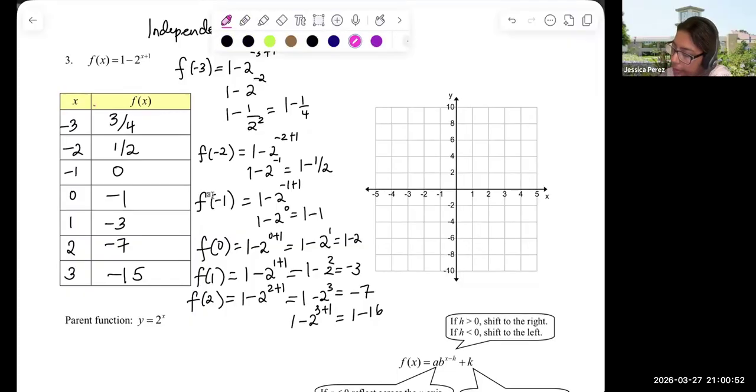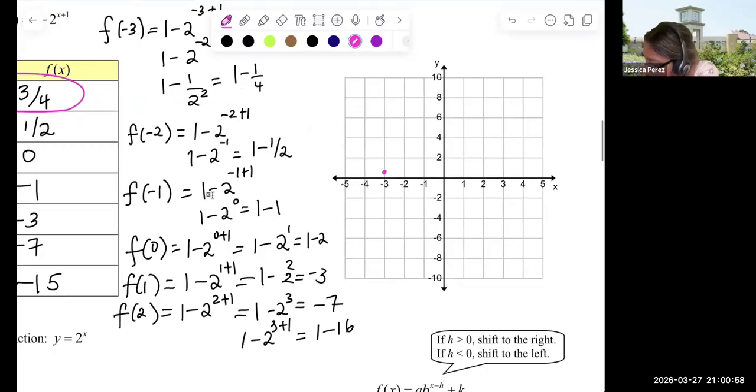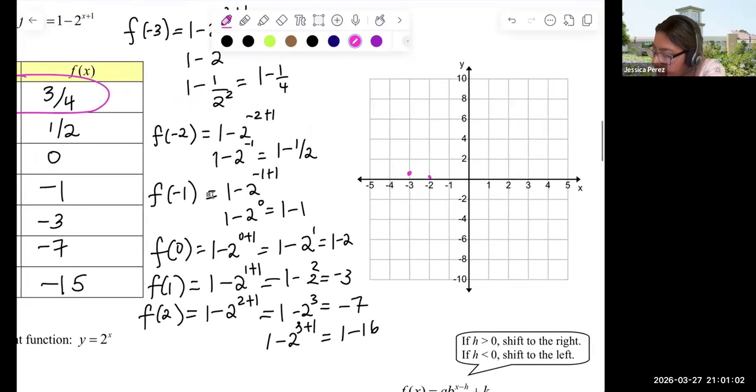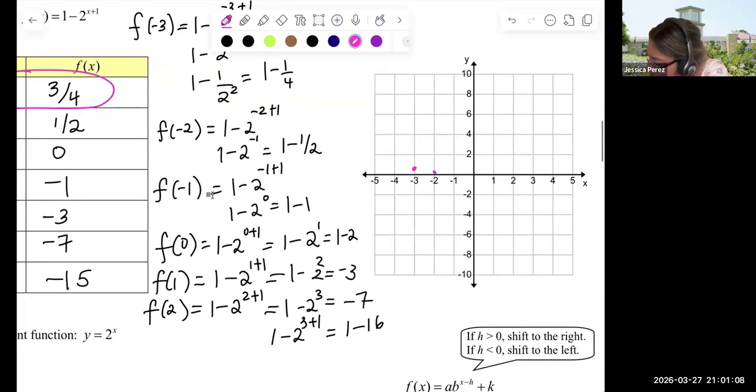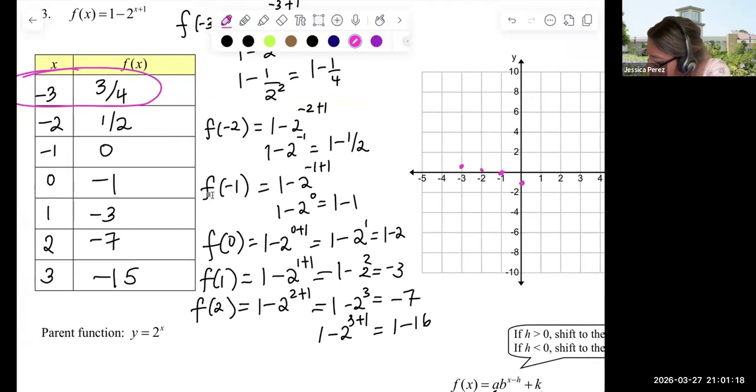So first I'm going to have at -3, 3/4, at -2, 1/2. So 1/2 is less than 3/4. At -1, I'm going to have 0. At 0, I'll have -1.